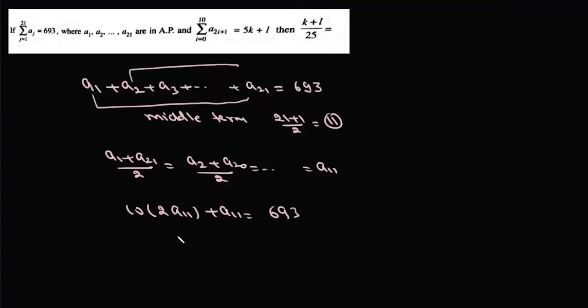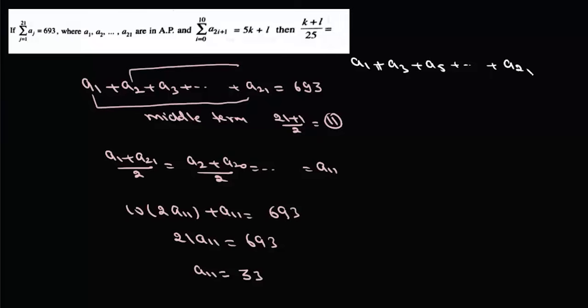So we'll get 21 into A11 equals 693. So value of A11 is 33. Now we need to find sum of this series, A1 plus A3 plus A5 up to A21.